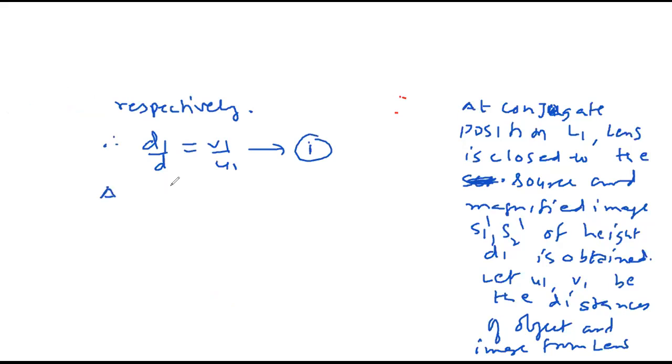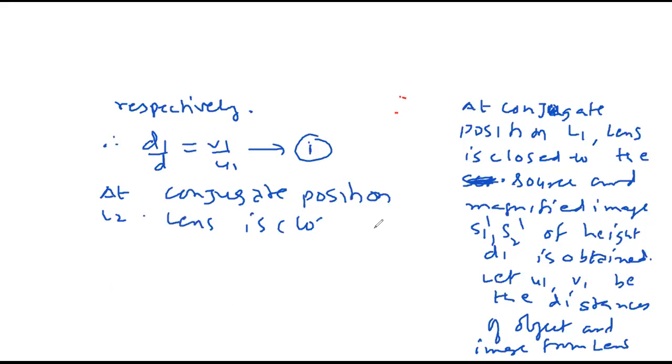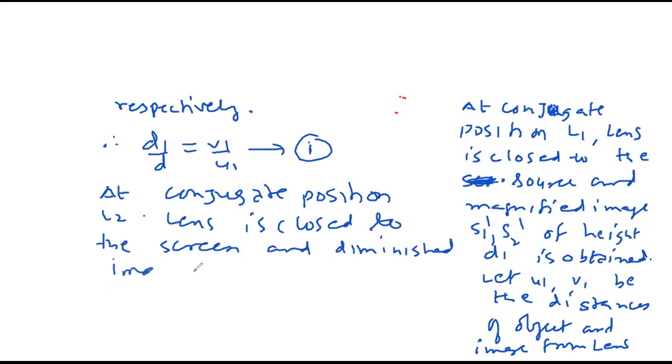Then at conjugate position L2, the lens is close to the screen, and a diminished image S1 double dash, S2 double dash of height D2 is obtained.